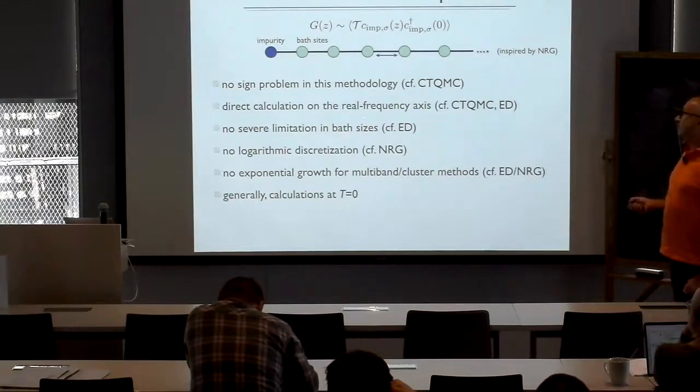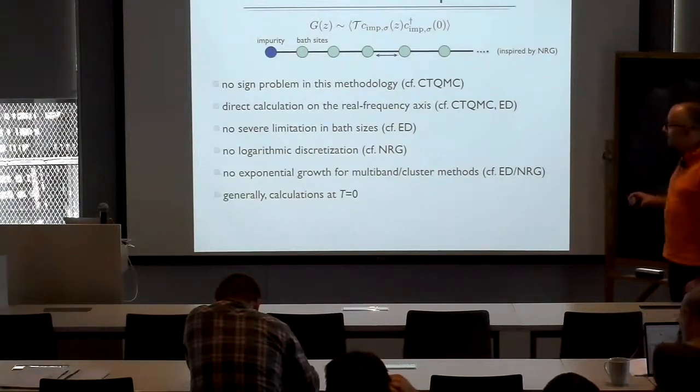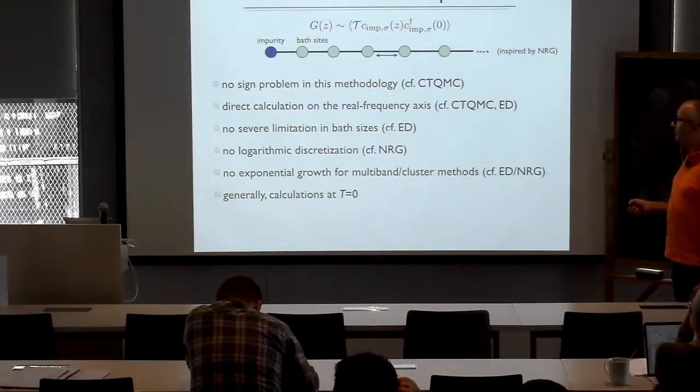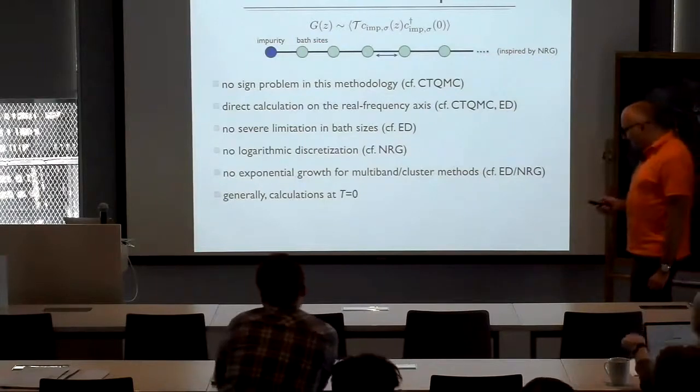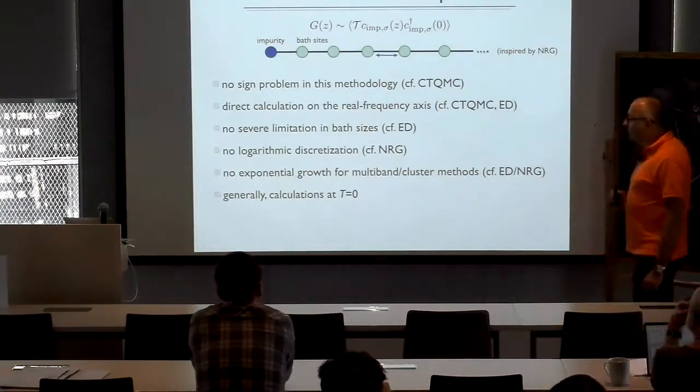And what is it? You have no sign problem. DMRG doesn't have this notion of a sign problem. You would do it directly on the real frequency axis. There are techniques to calculate spectral functions on the real frequency axis. You can deal with much larger systems than ED, so you don't have this severe limitation. You don't necessarily have to do a logarithmic discretization.